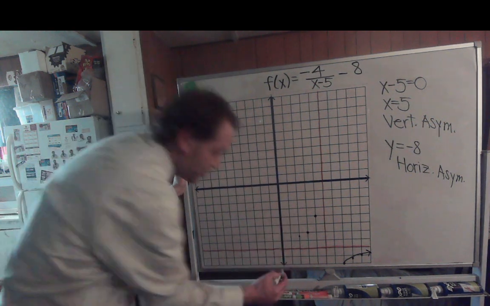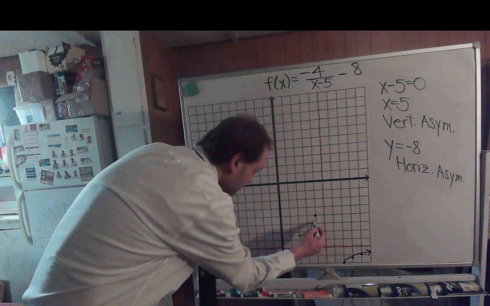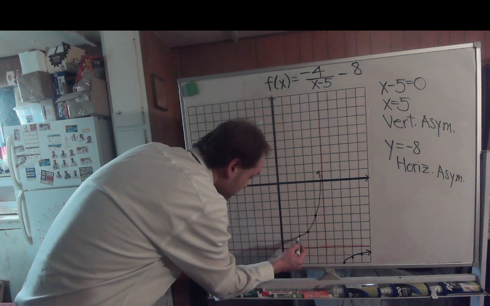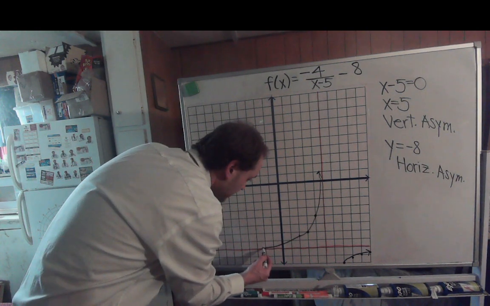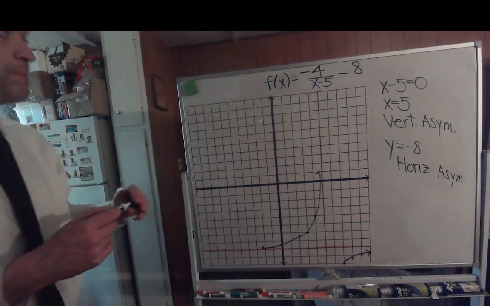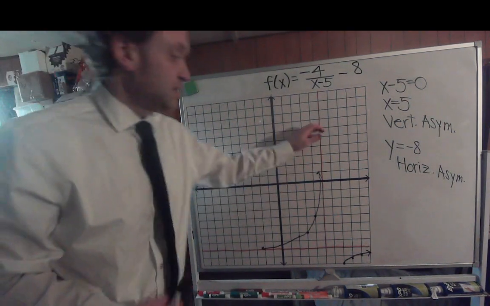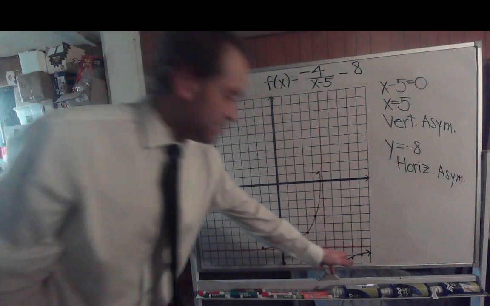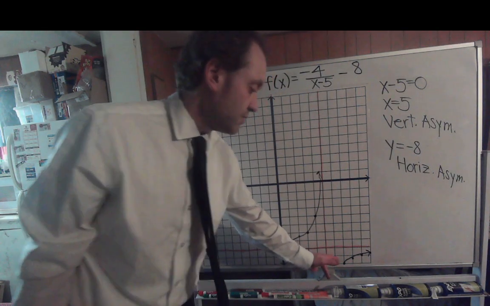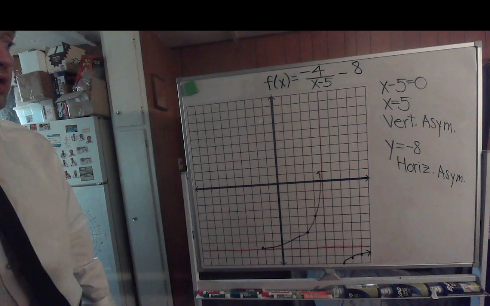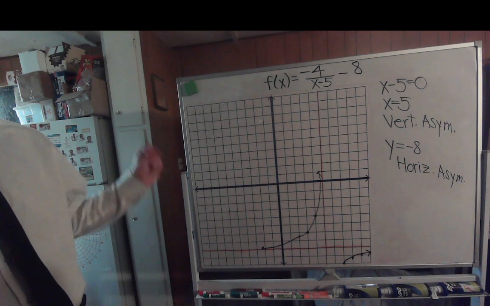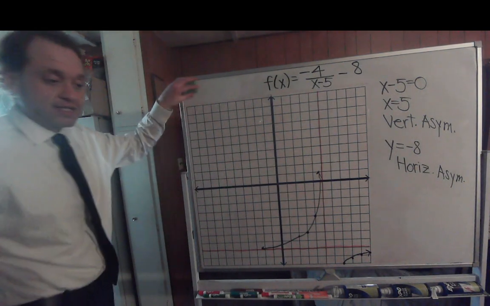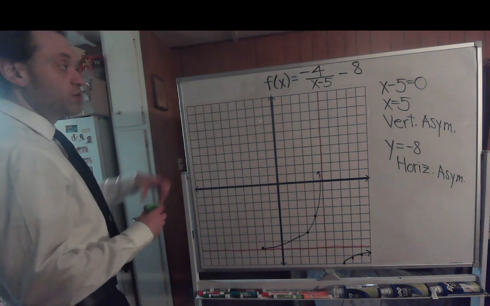So you see eventually it's going to start getting closer to that line, it's going to take a while, but we get close to x equals 5 and y equals negative 8. And it does something similar reflected down here to the right side. I just couldn't draw all the way. But everything shifted to the right 5 units, down 8 units, and reflected in both axes. So that one was a good one.